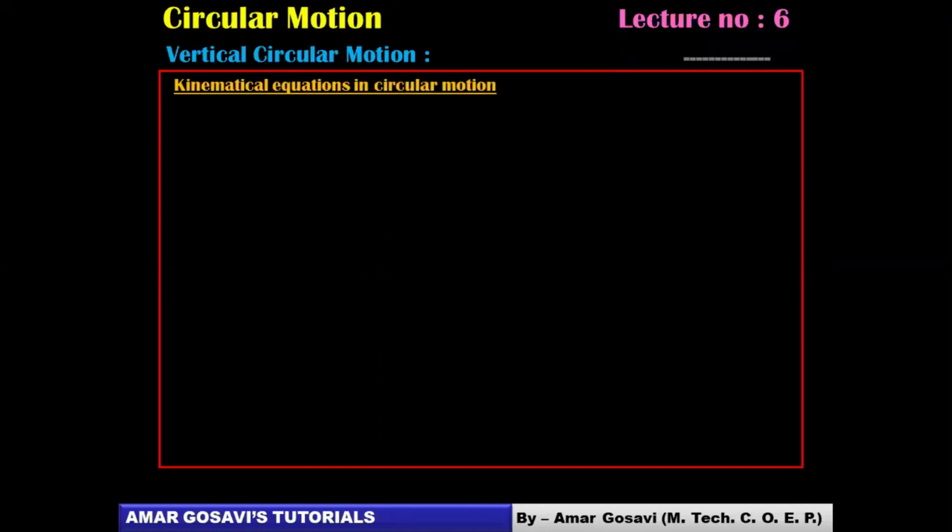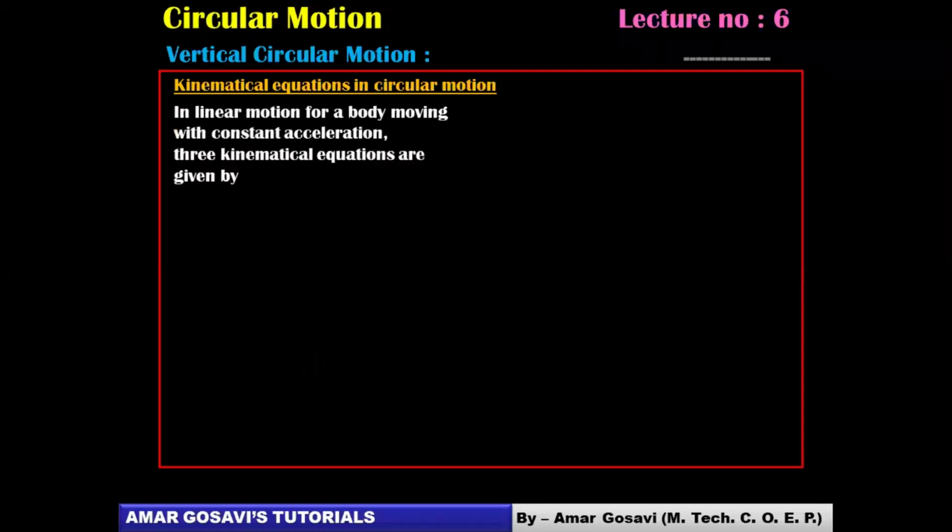One more interesting aspect: whichever were the kinematical equations in translational motion, analogous equations would be used in circular motion or rotational motion. For linear motion, we have derived three equations of motion. The first one was V equal to U plus AT, where V stands for linear final velocity, U stands for linear initial velocity, A stands for linear acceleration.